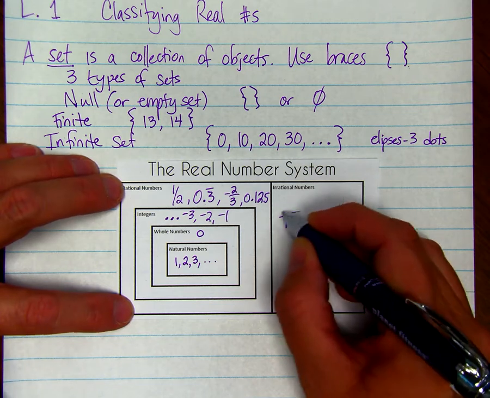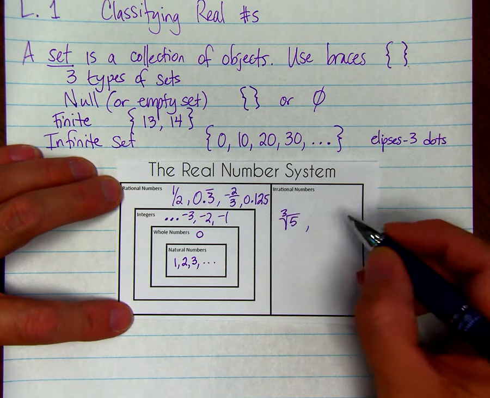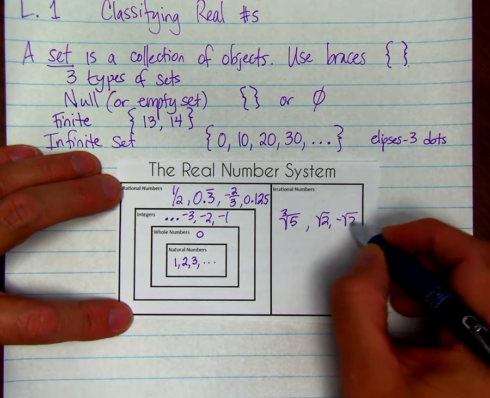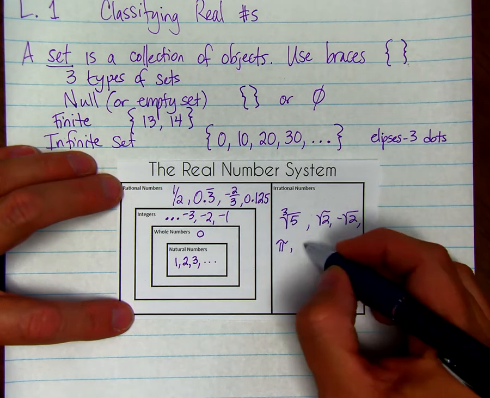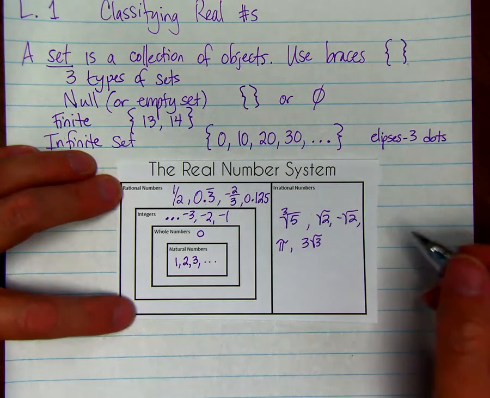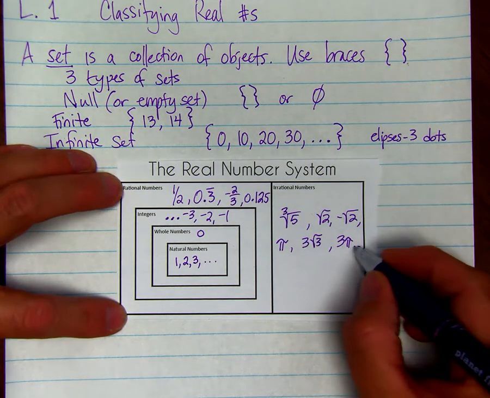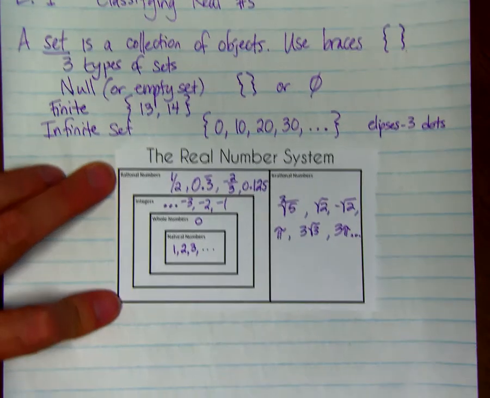So here's an example: the cube root of 5. That's an irrational number, and it is a number. We have the square root of 2, the negative square root of 2. We have pi as an example, 3 root 3, 3 pi, etc. So there's quite a few irrational numbers, and these are actually numbers. You don't want to be scared of them.